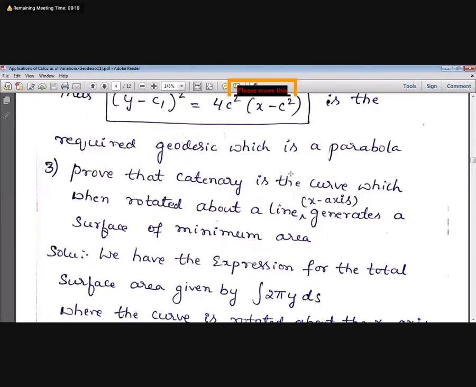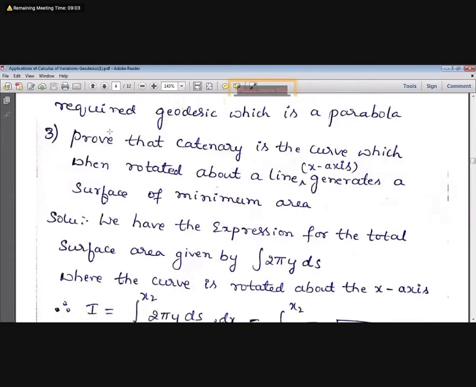Okay, this is also an important problem. Here we have just 5 to 6 problems, and in that they will ask two. So prove that the catenary is the curve which when rotated about the x-axis.